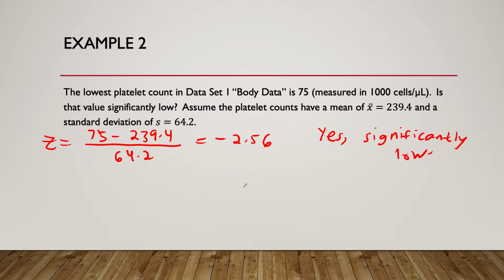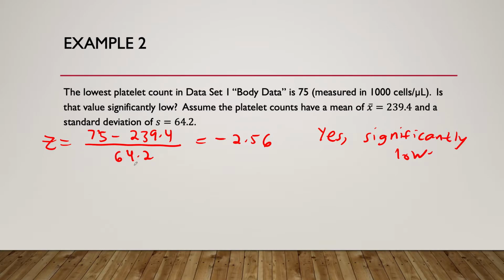Another example of these z-scores: the lowest platelet count in the Body Data Set is 75, measured in 1,000 cells per microliter. Is that value significantly low? We assume platelet counts have a mean x bar of 239.4 and a standard deviation s of 64.2.